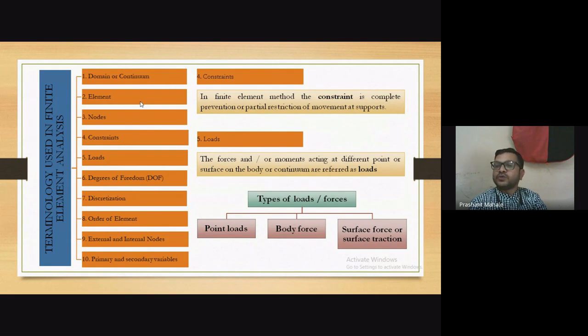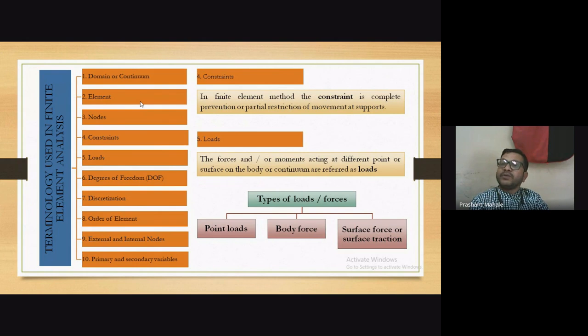And surface force or surface traction. Surface force is nothing but the distributed force, like uniformly distributed along a line, uniformly distributed along a surface, or uniformly distributed along the volume.